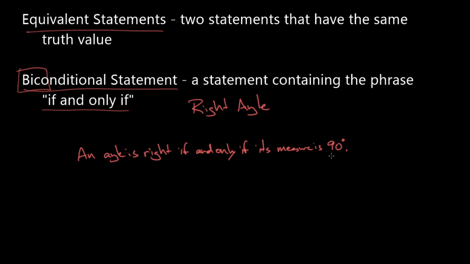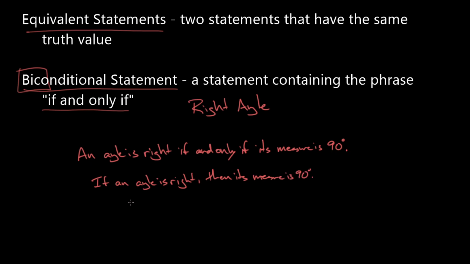The reason I can say this is a biconditional is because I can read this in both directions. If I were to write this as a conditional, if an angle is right, then its measure is 90 degrees.